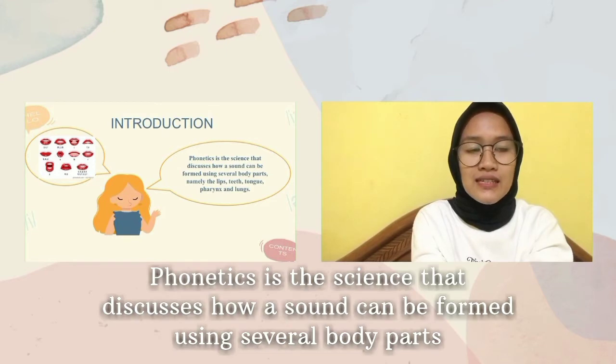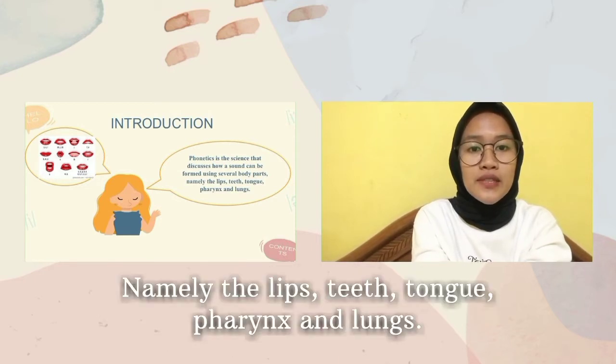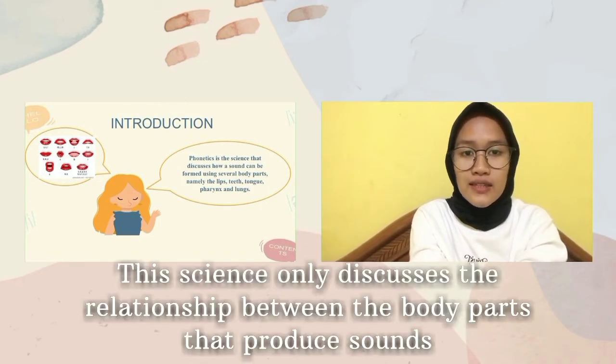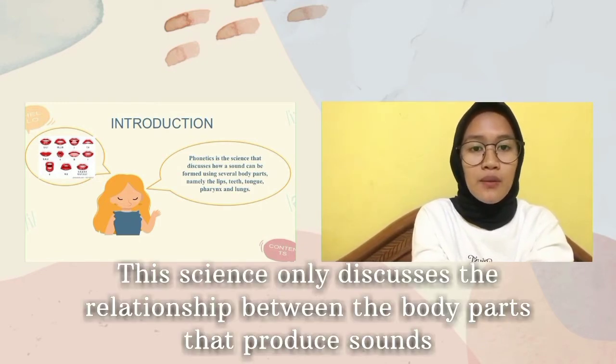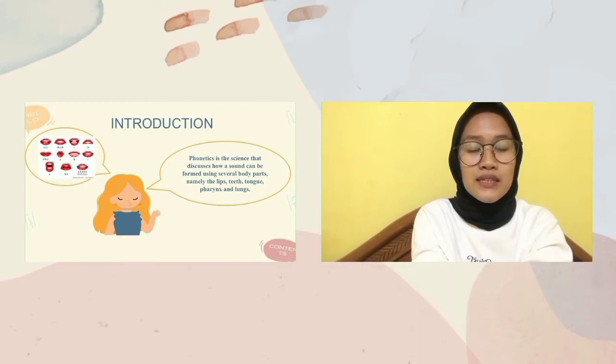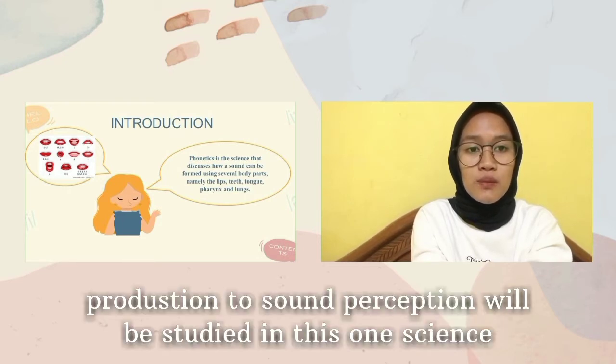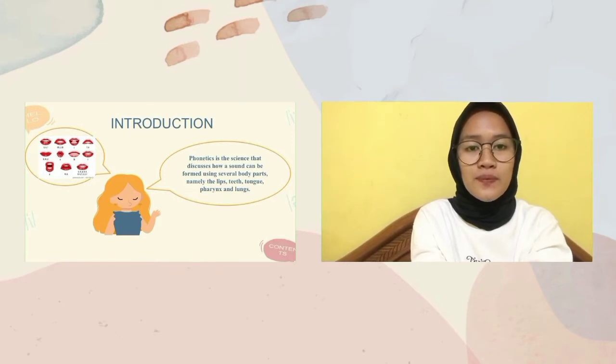Phonetics is the science that discusses how a sound can be formed using several body parts, namely the lips, teeth, tongue, pharynx, and lungs. This science only discusses the relationship between the body parts that produce sound. For the formation of a language, production to sound perception will be studied in this one science.